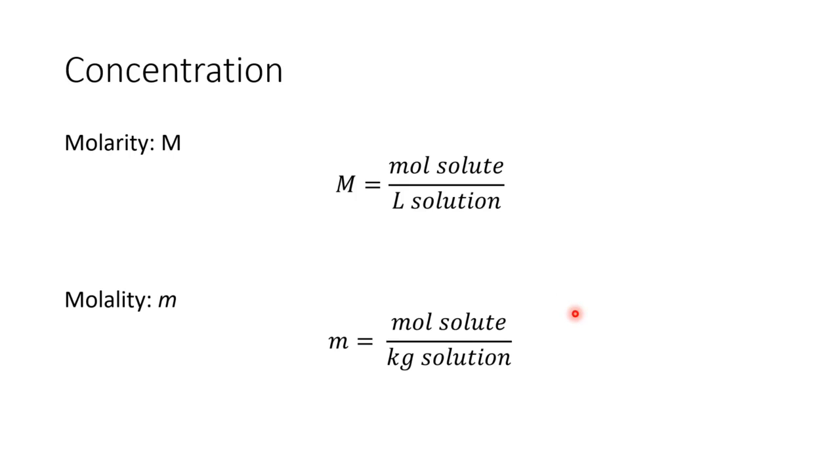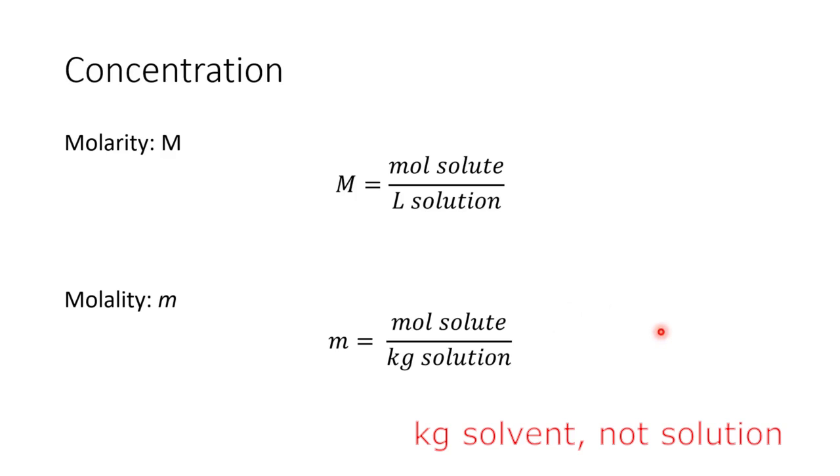Then we have another one that is often used when we're talking about colligative properties, which I'll introduce at the end of this video. The molality. And the molality has a symbol. It's not completely agreed upon, but generally it's an italic lowercase m, and it is the moles of the solute per kilogram of solution.